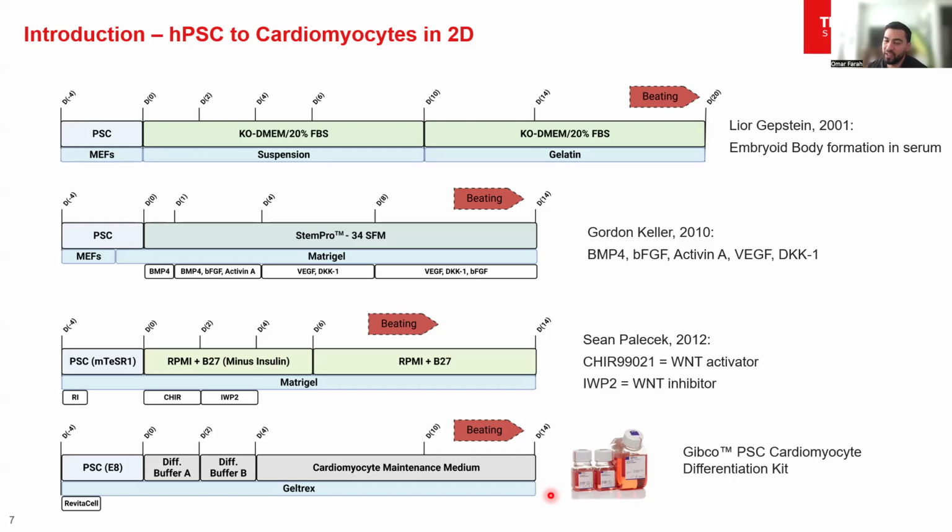But we'll talk a little bit more about this when we get to the 3D differentiation part as well. We are limited in the scope of a lot of these protocols that you see here, for example, which are in two dimensions, right? And we're not two-dimensional beings. We're three-dimensional. So that cell-cell contact and 3D aspect might be important for a particular function of those cardiomyocytes that won't be conferred with a 2D protocol. So there are benefits to different protocols, but that doesn't necessarily mean that one is always better than the other.